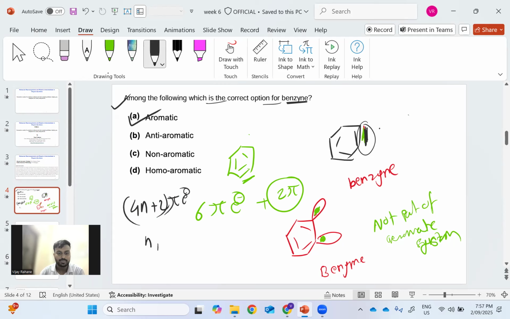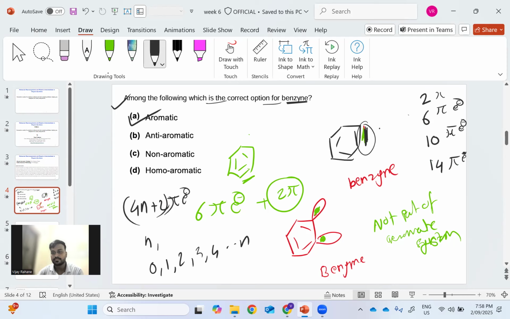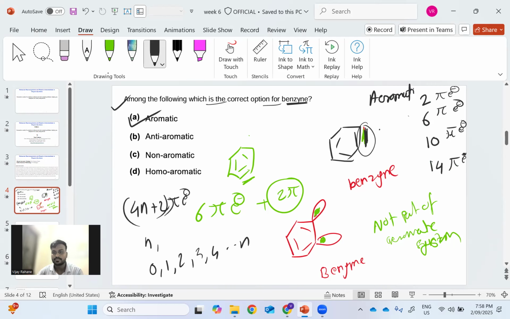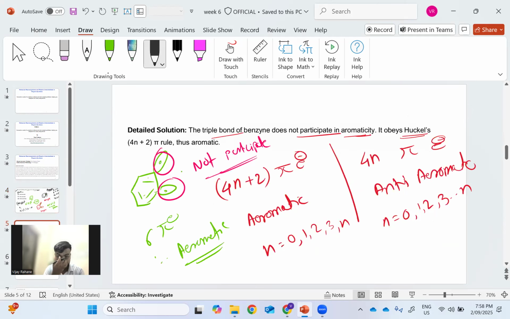So n can be 0, 1, 2, 3, 4 and so on, right? So the systems which have 2 pi electrons, or 6, or 10, or 14 pi electrons are aromatic systems, and these are aromatic. So you can refer to this one.